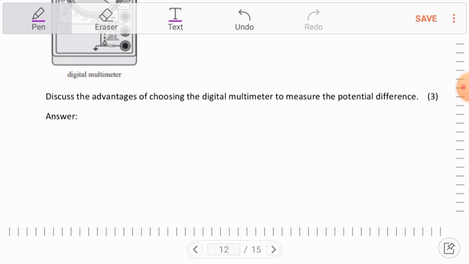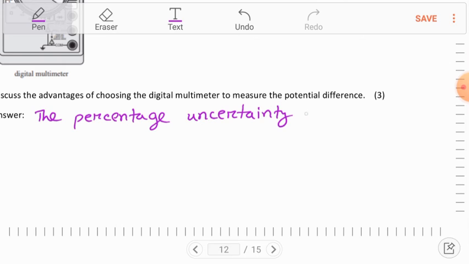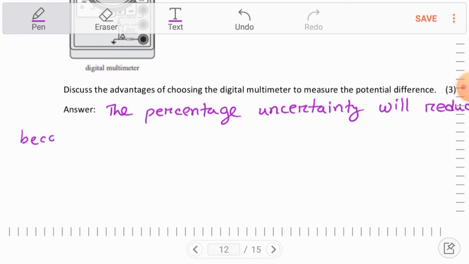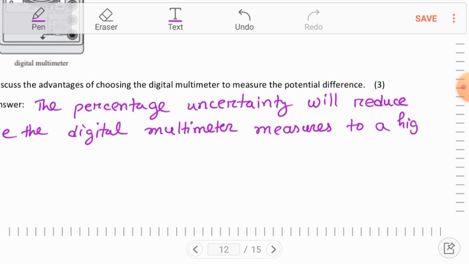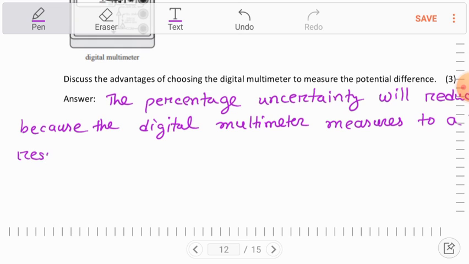The first one is: the percentage uncertainty will reduce because the digital multimeter measures to a higher resolution, up to 2 decimal places.